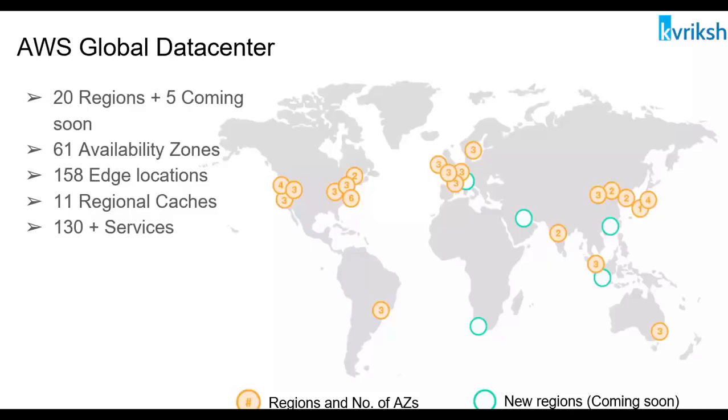So it basically improves the performance by lowering the network latency, right? So overall AWS has 130 plus services. If you heard about EC2, S3, these are different AWS services, and we are going to learn more about these services in this lecture.